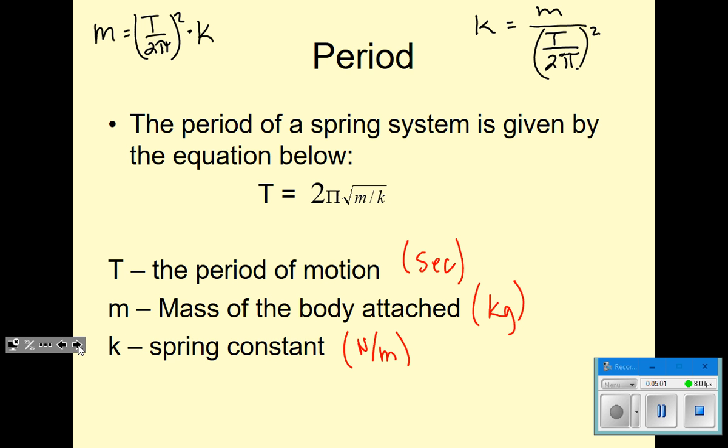Make sure either you use parentheses on that 2 times pi, or that you use divided by 2 and divided by pi when you put that in the calculator. That's a common error when this gets put into the calculator. Also remember that the pi button on our calculators is next to the letter H, on the TI-Nspires.